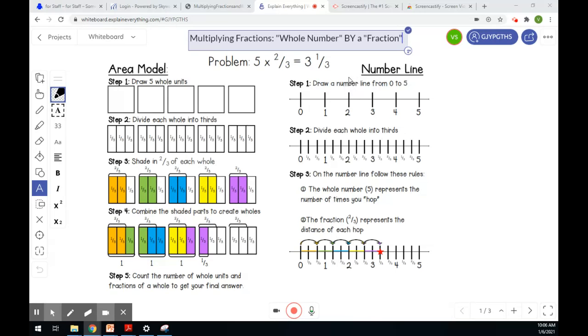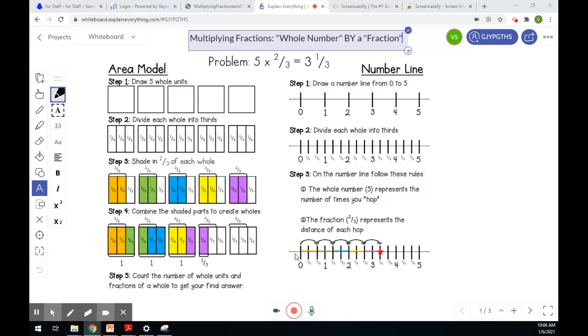So you need to be able to show me how to multiply fractions using the area model and the number line. So in this example, instead of drawing 5 wholes, I'm going to draw 5 tick marks, right? Each to represent each whole. Then within each whole, I'm going to partition thirds in the number line.